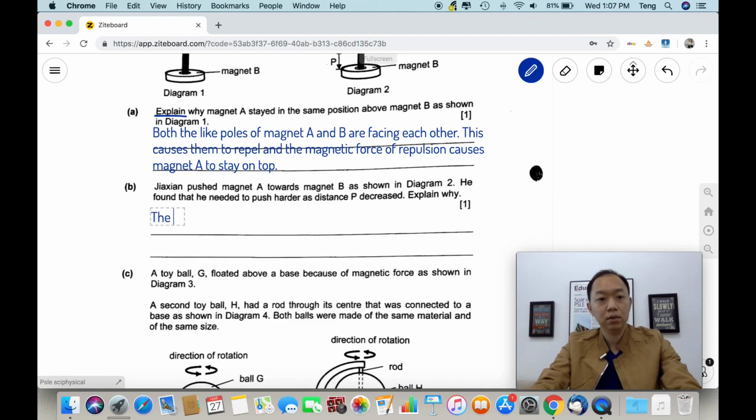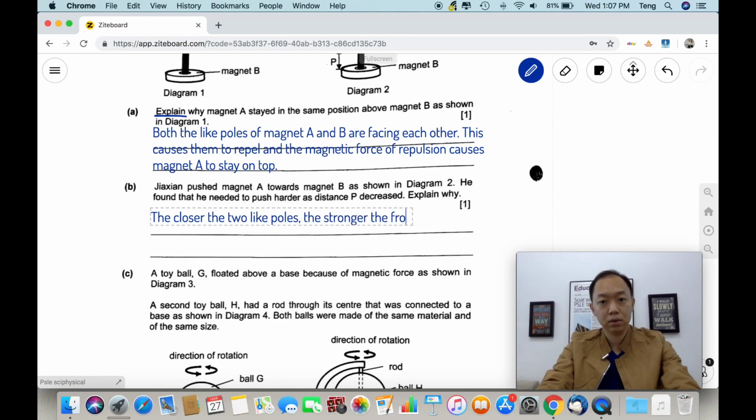Okay. So the closer the two like poles, the stronger the force of repulsion. And hence, Jiaxian needs more force to keep the magnet down.